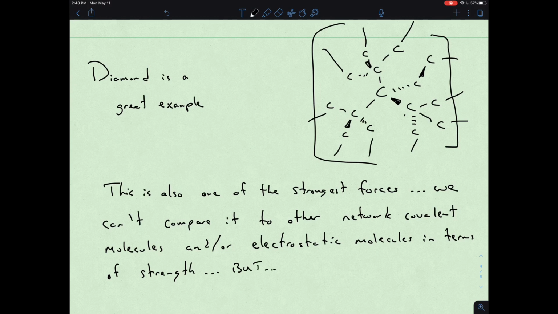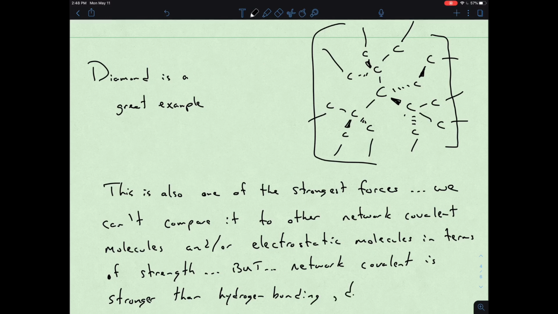But network covalent is stronger than the other three, as far as the ones we haven't gotten to yet: hydrogen bonding, dipole-dipole, and dispersion.